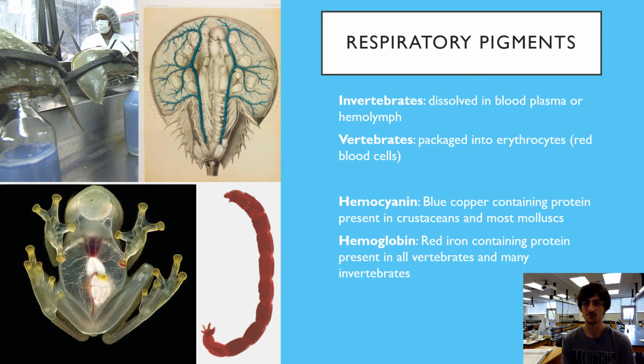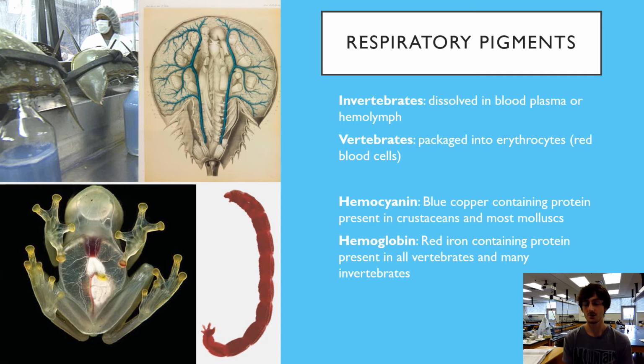So in most invertebrates, well, not most invertebrates, in crustaceans, mollusks, and horseshoe crabs, so class Merostomata, they have hemocyanin instead of hemoglobin. So hemocyanin has copper in its heme groups instead of iron. So that copper acts in the same exact way. So that copper acts as a binding site for oxygen and CO2.